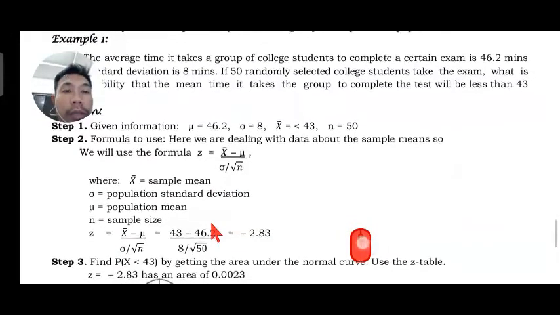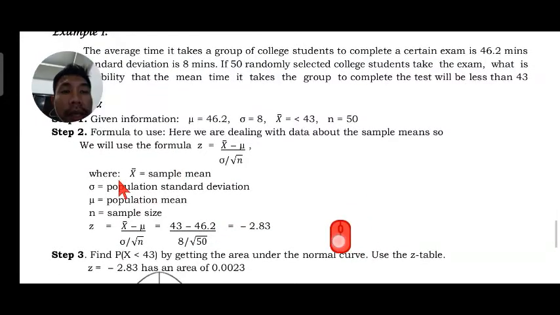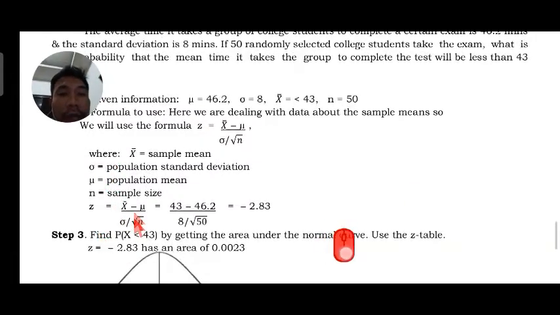Where this x here is the sample mean, this one is the population standard deviation, this one is the population mean, n is the sample size. And then our formula to find the z-score is our sample mean minus the population mean over our population standard deviation over square root of n. Okay, so let us solve.